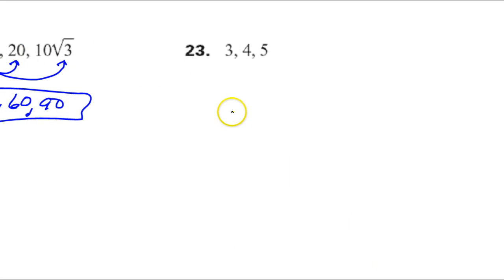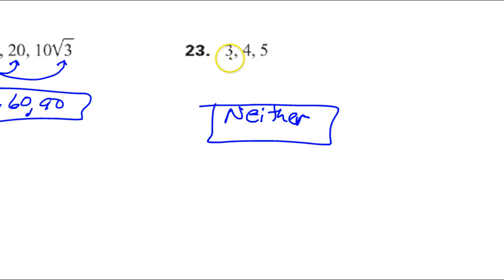Okay, 3, 4, 5, that's neither. It's not even close. It's not isosceles, so it's not 45-45-90. If it was trying to be 30-60-90, this would be the short leg. Double it, and you should have the hypotenuse. But, what?